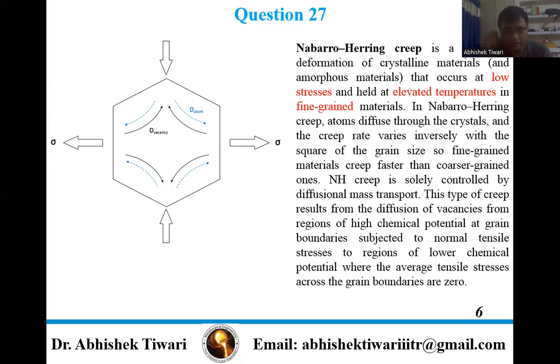In Nabarro-Herring creep, atoms diffuse through the crystals, and the creep rate varies inversely with the square of grain size. So the fine-grained materials creep faster than coarser-grained ones.